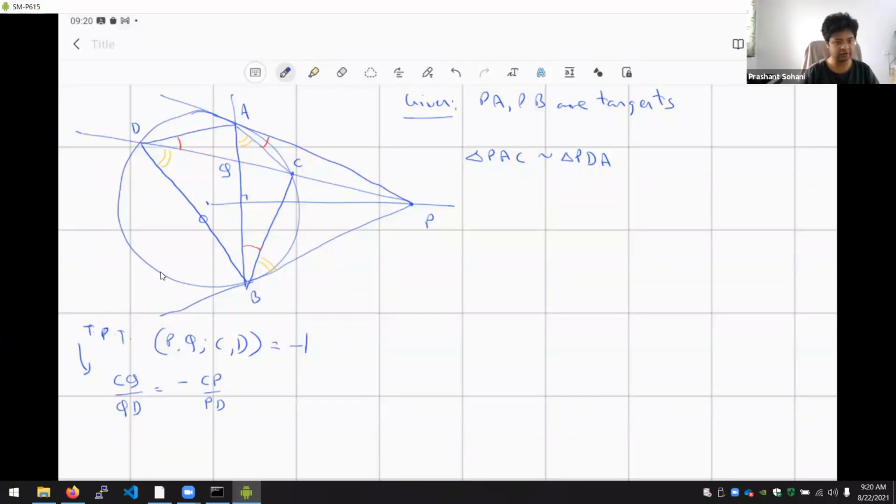See, finally, we are interested in the ratios given below, CP upon PD and CQ upon QD. So we have to think of triangles which are connected to those values. We are not interested in any arbitrary triangles for now, but these ratios in particular are of interest to us.